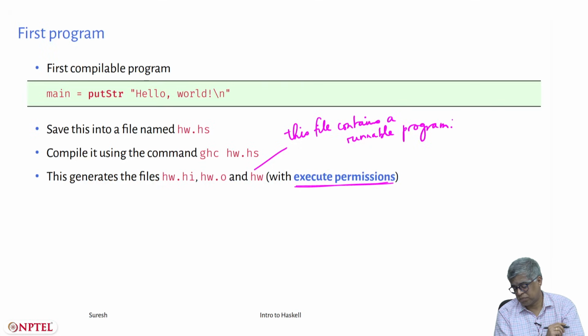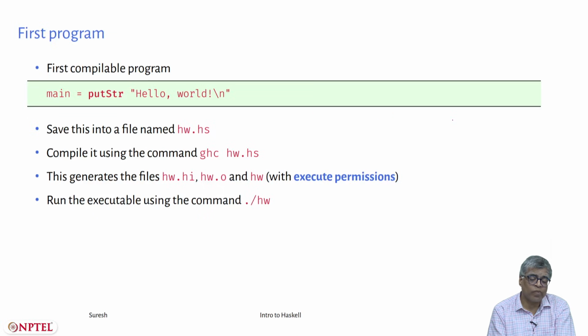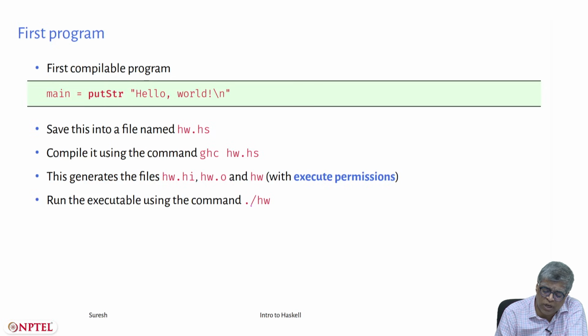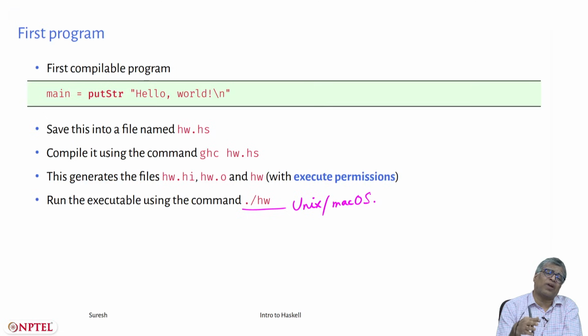Then you run the executable hw by using the command ./hw. This is on Unix and Mac. On Windows, it's slightly different. Even I have to figure out how exactly it happens in Windows, which we'll see right now.